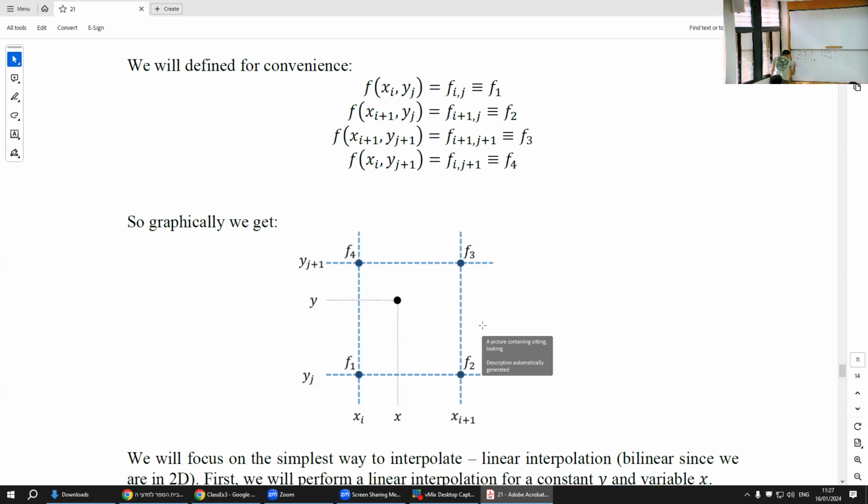I say that f of x at y1 minus f1 equals f2 minus f1 over x2 minus x1, times x minus x1.